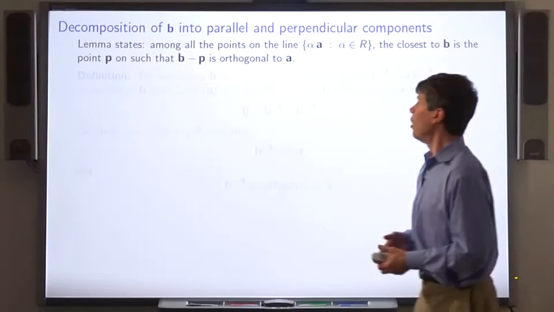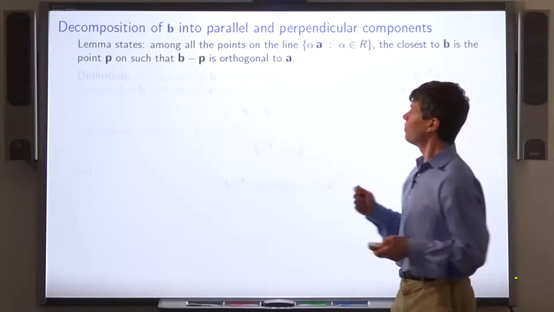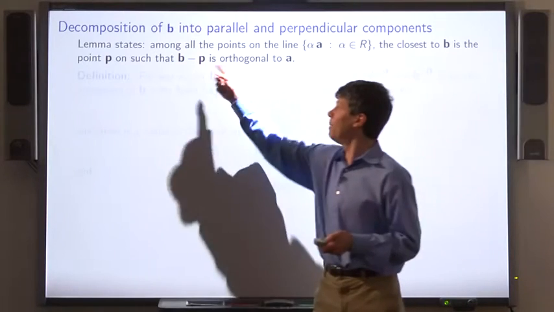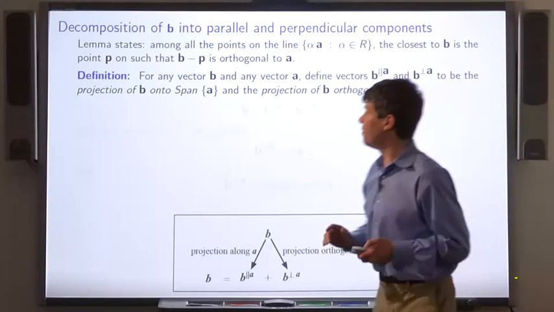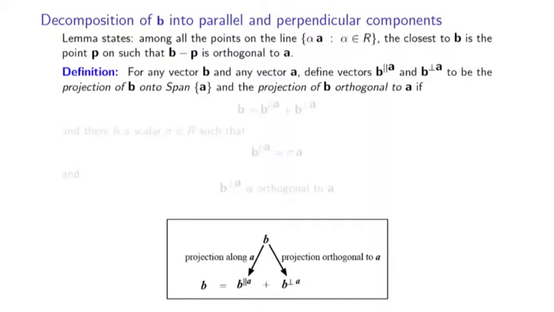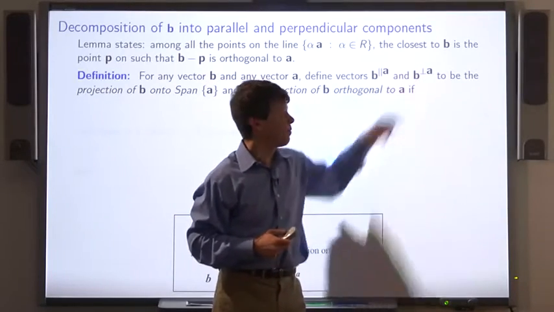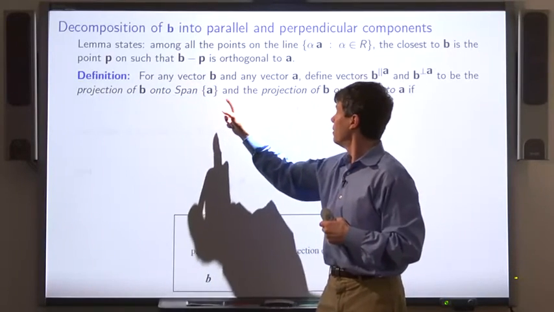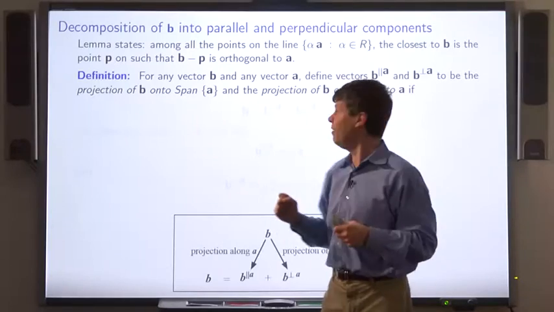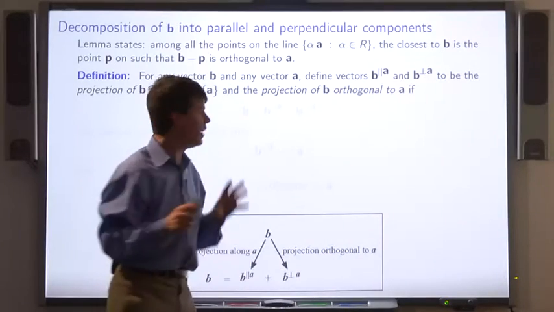So the lemma states that among all the points on the line, the closest point to B is the point on the line such that B minus P is orthogonal to A. Now to simplify all this, we introduce a new definition. For any vector B and any vector A, we define two vectors. I call this one B parallel to A and this one B perpendicular to A. These are called the projection of B onto span of A, or the projection of B along A, and the projection of B orthogonal to A. And the defining equations are this.